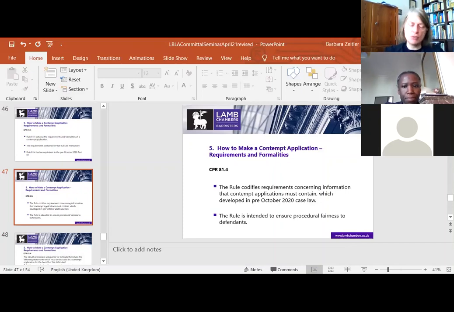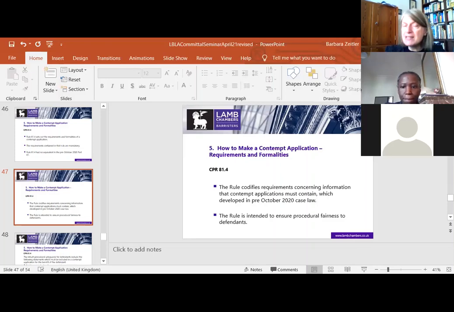in 2020 during the consultation process. The requirements contained in that rule were developed in case law pre the changes, and of course there is a very important function for these.